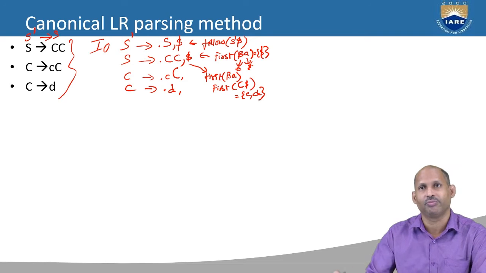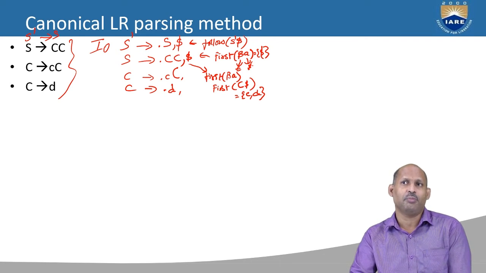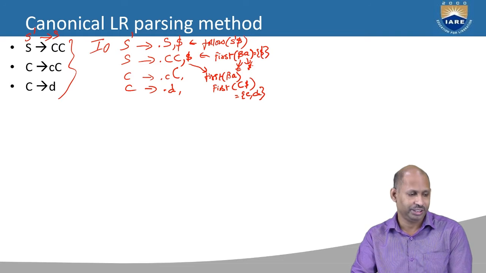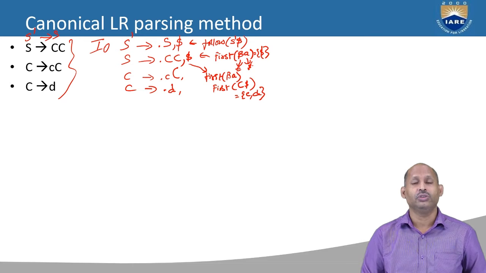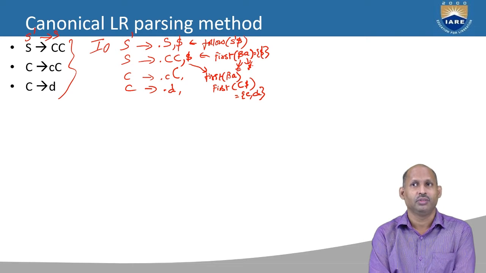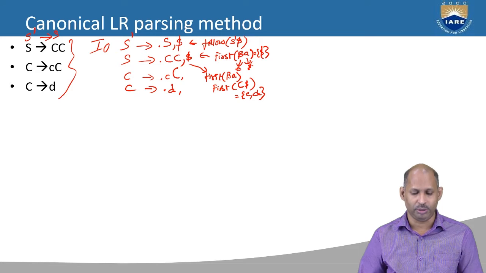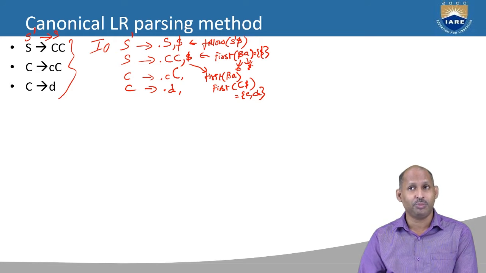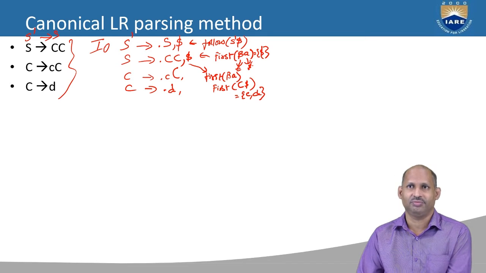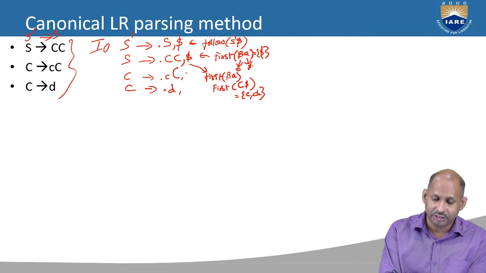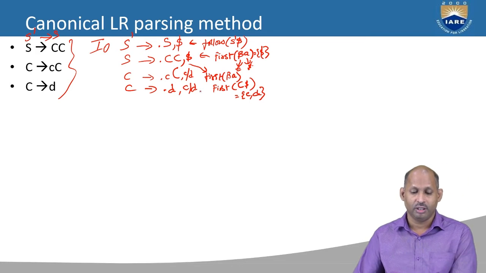The first symbol is the variable C, so what is the first of variable C? It is small c and small d, so terminal c and d. So for both productions we include c and d.